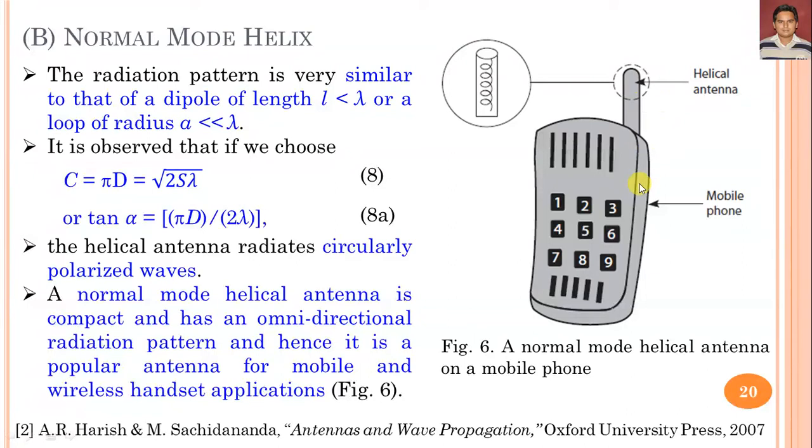Here you can see this is a mobile phone and this is a helical antenna, circled in this figure 6. We can say that the normal mode helix antenna is compact and has an omnidirectional radiation pattern, and hence it is a very popular antenna for mobile and wireless handset application.